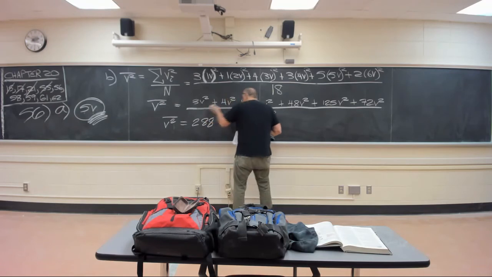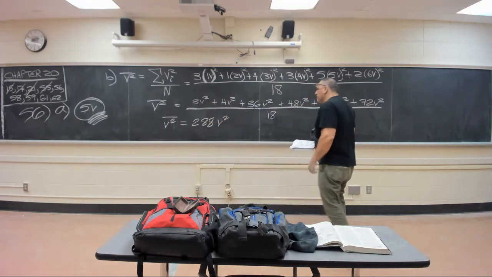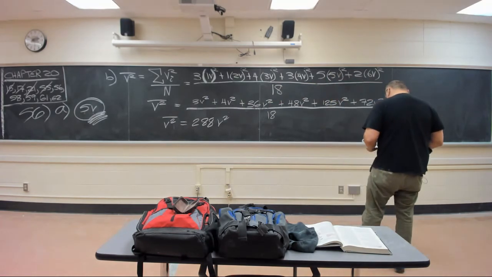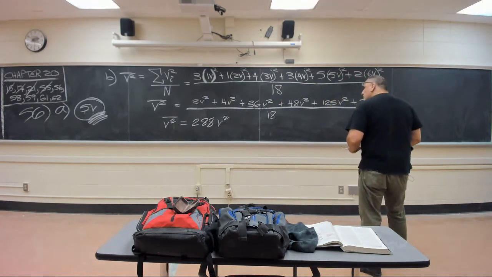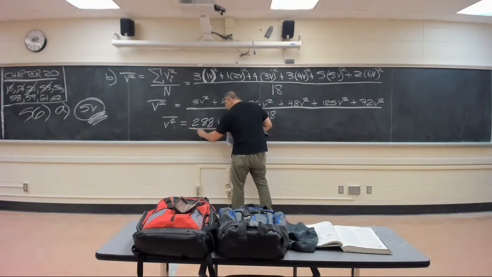The v squareds were tagging along all the way around, so they stay, and you divide them by 18.